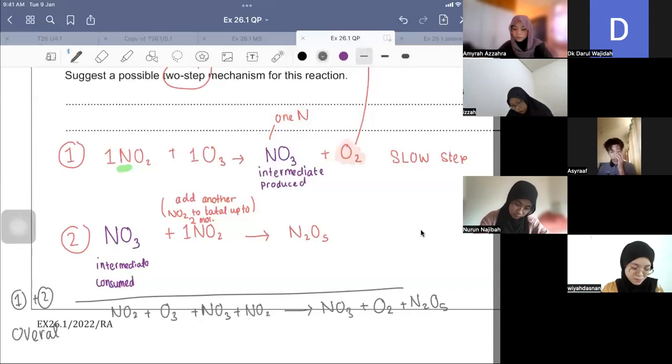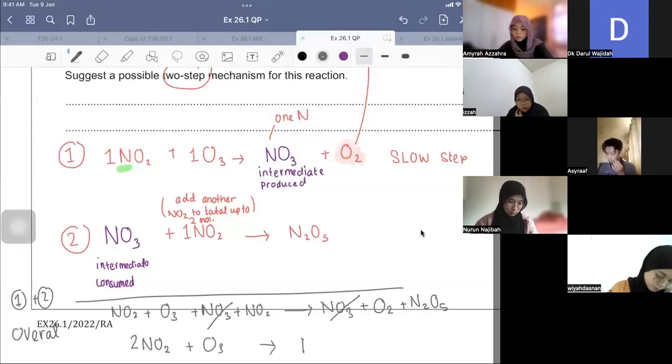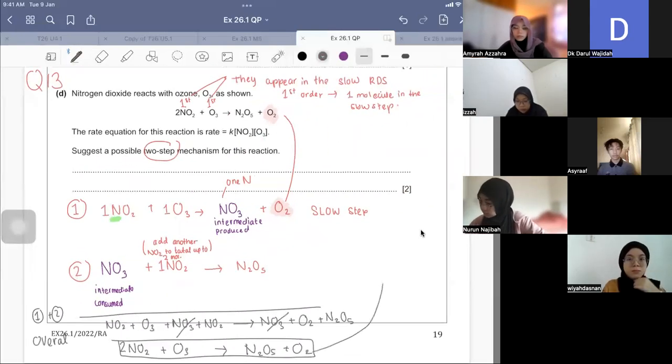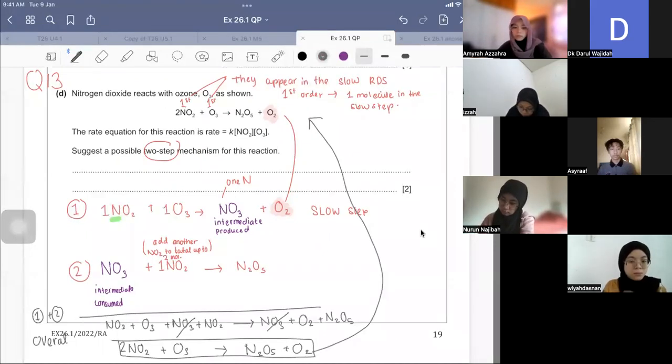So you can see that the NO3 cancel out because they appear on both sides of the equation. I get 2 molecules of NO2 plus 1 molecule of O3 to get N2O5 plus O2. So you compare this to your original given equation, which is consistent, which is the same. Okay, so that means your mechanism is correct, right?